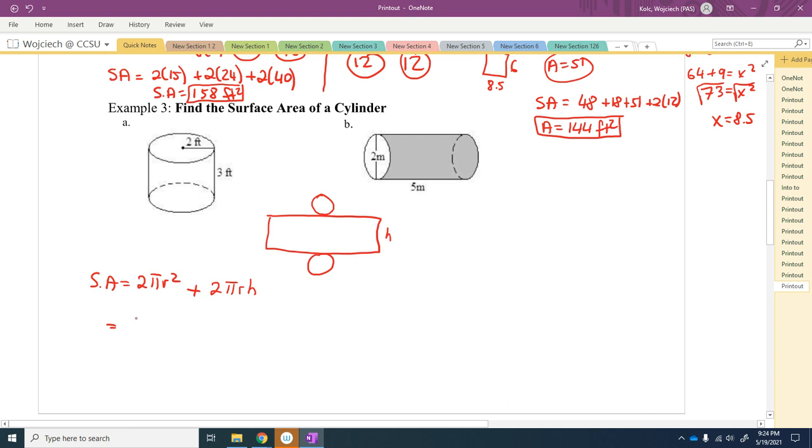So now let's substitute. In this example, radius is equal to 2 and height is equal to 3. So it will be 2 times 3.14 times r squared, which will be 2 squared, plus this part, which is 2 times 3.14 times 2 times 3.